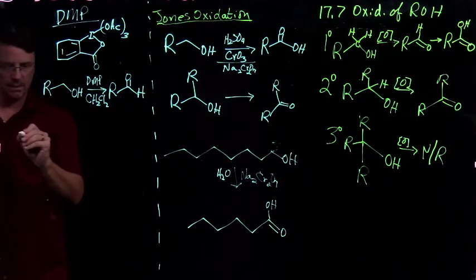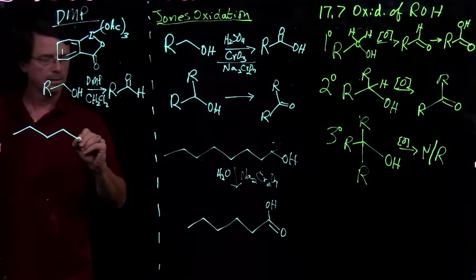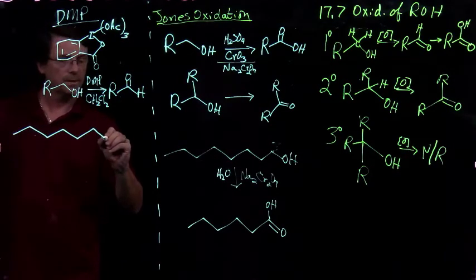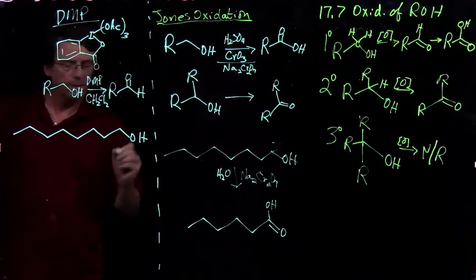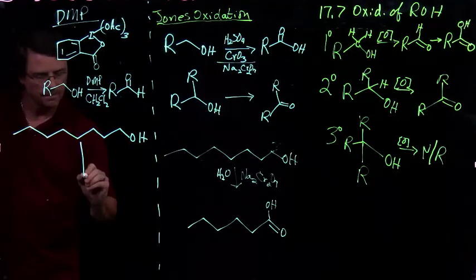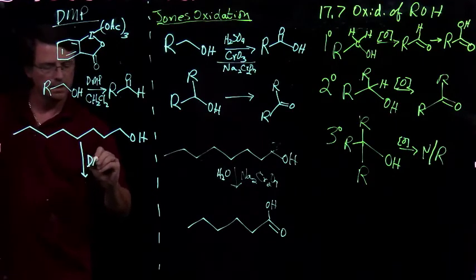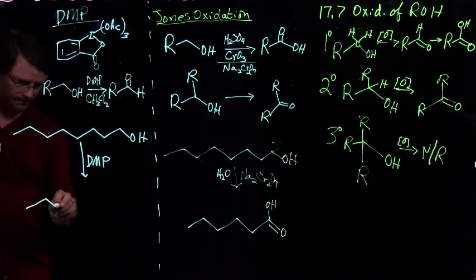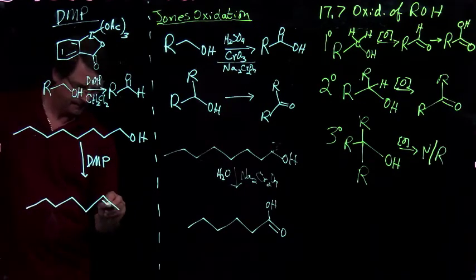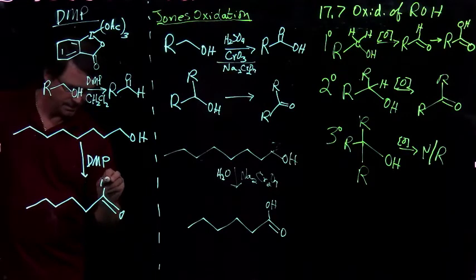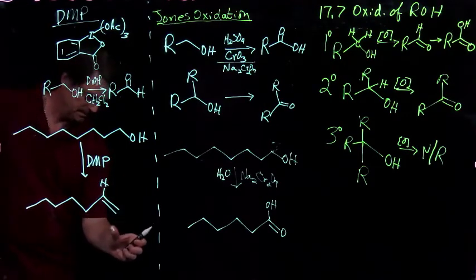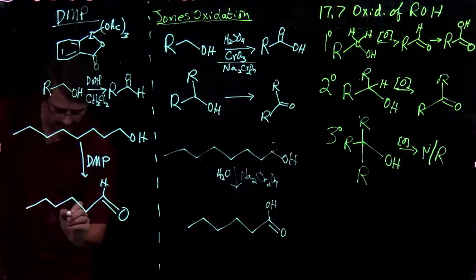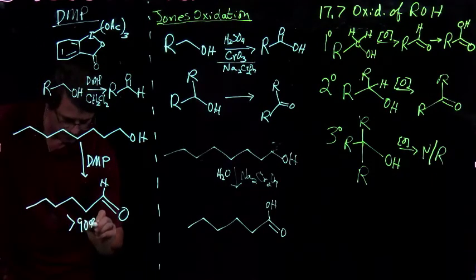So this long chain alcohol, 1, 2, 3, 4, 5, 6, 7, 8, that we had just a minute ago with DMP, now we can convert it to the aldehyde efficiently. And these are typically greater than 90% yields.